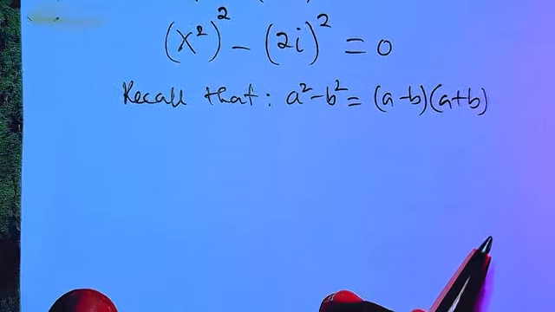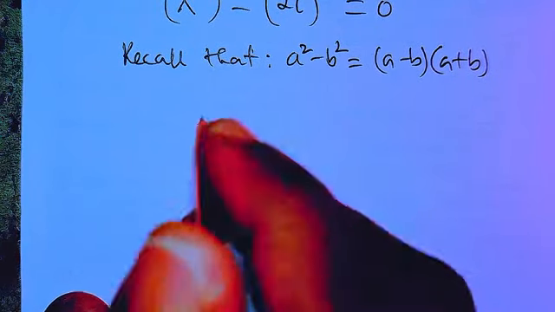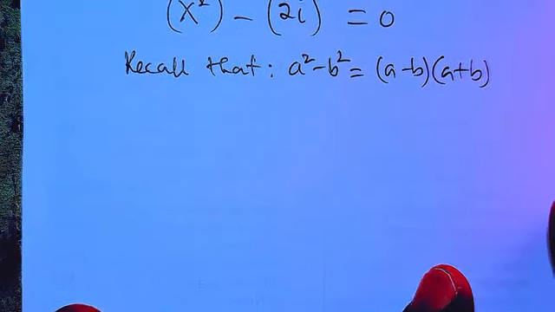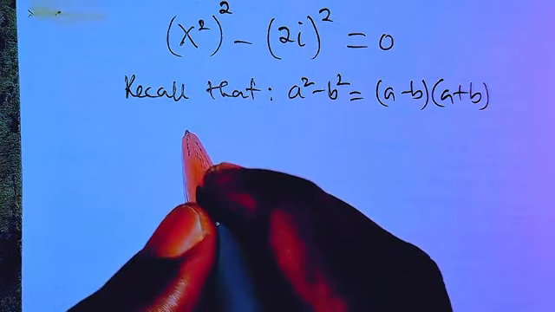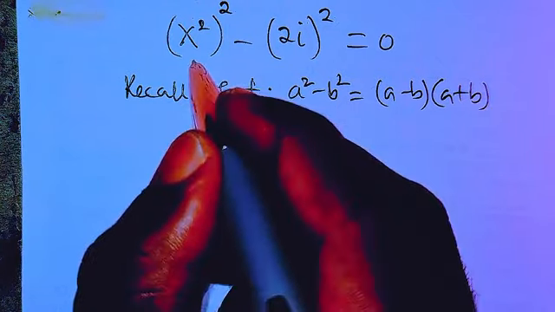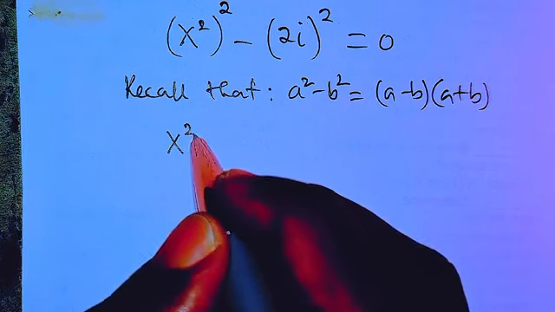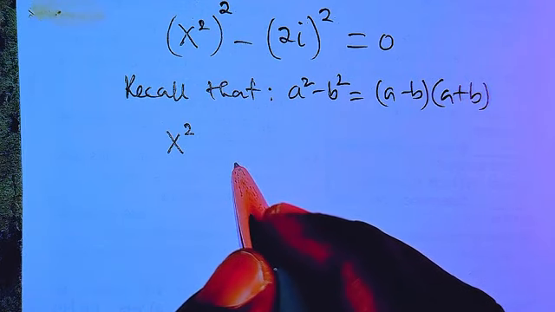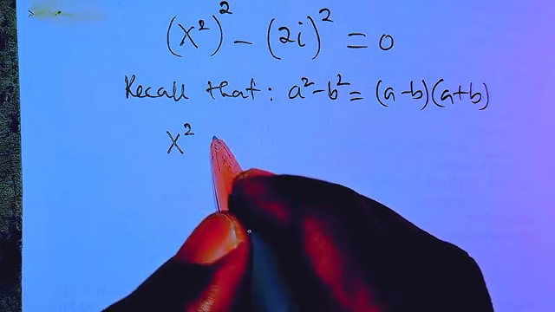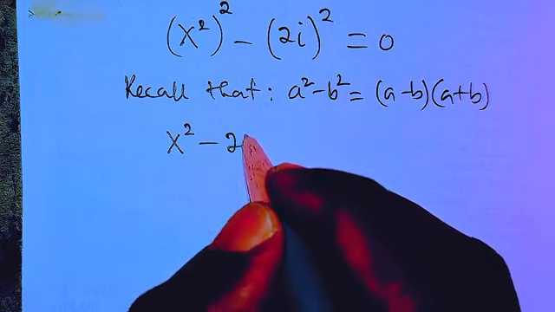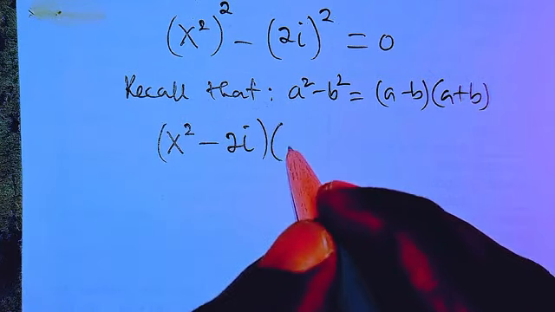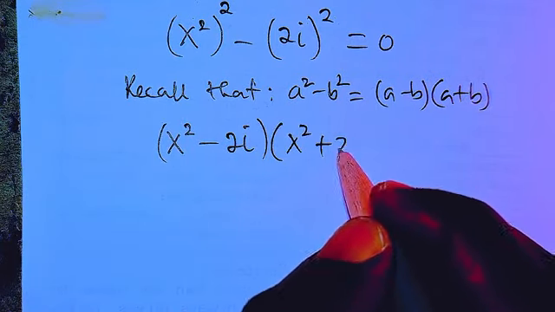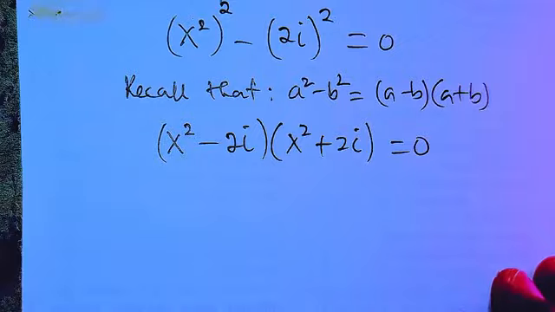So now from there, we are going to have, recall that a squared minus this, so we're going to have my a to be x squared. We're going to have x squared minus 2i, then x squared plus 2i, equals 0.